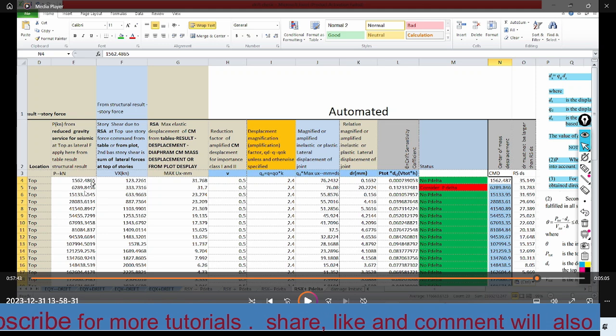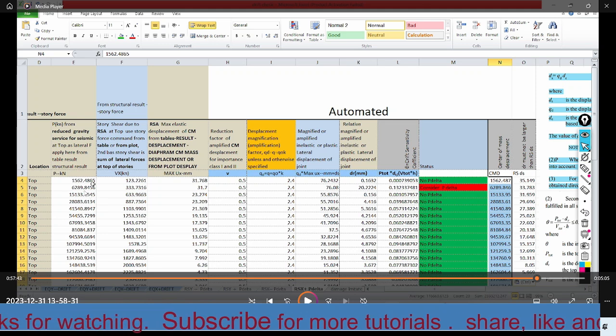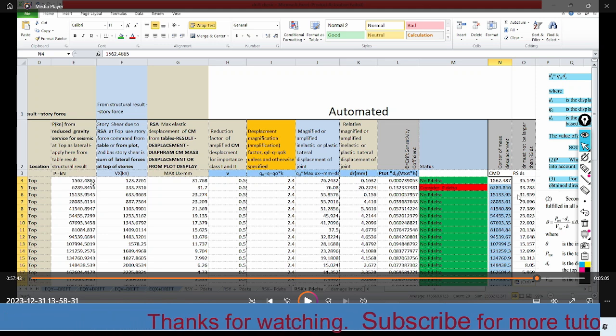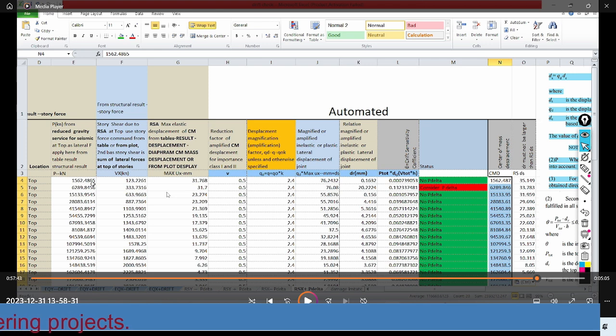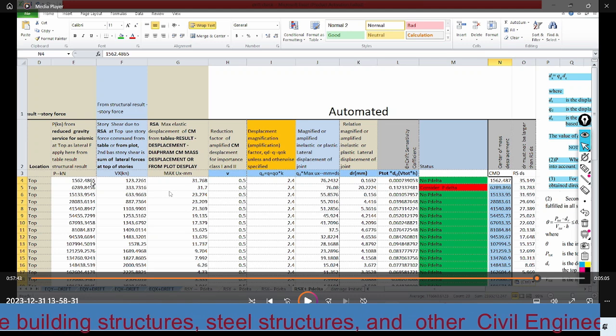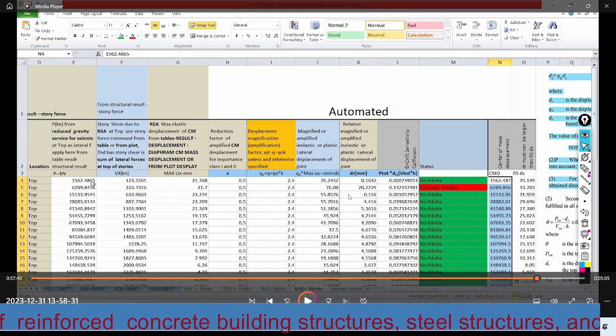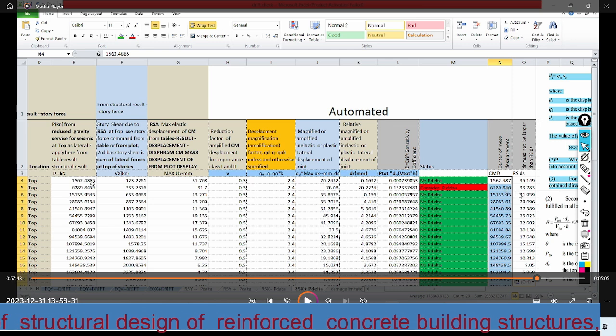So the effect of P delta will have a significant effect on the lateral displacement. And in the case of story shear also, there is an effect on reducing the restoration where we apply the effect of P delta.